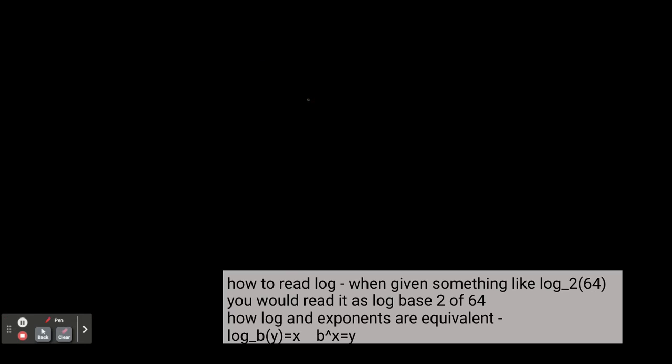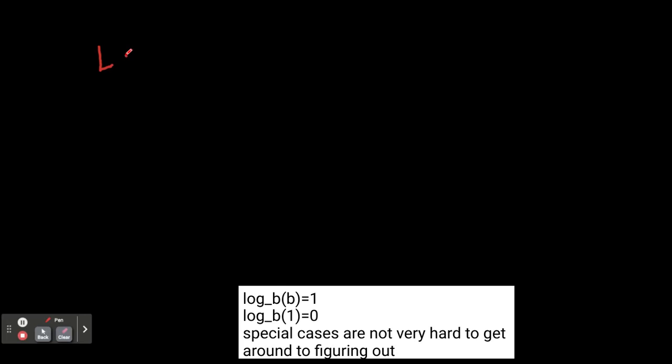Going back to the original log problems, there are special cases, which I will go over. So in the log world, you can have log base b of b, and the outcome is b.